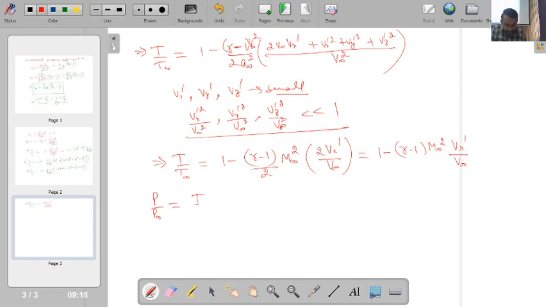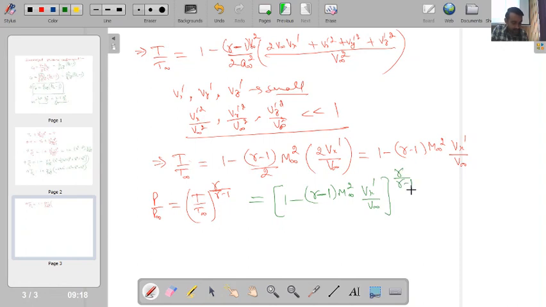So now if this is my T by T infinity, for isentropic flow I can say that p by p infinity will be equal to (T by T infinity) to the power gamma by gamma minus 1. Okay, so now if I do this, then (1 minus (gamma minus 1) into M infinity square Vx dash by V infinity) whole power gamma by gamma minus 1.